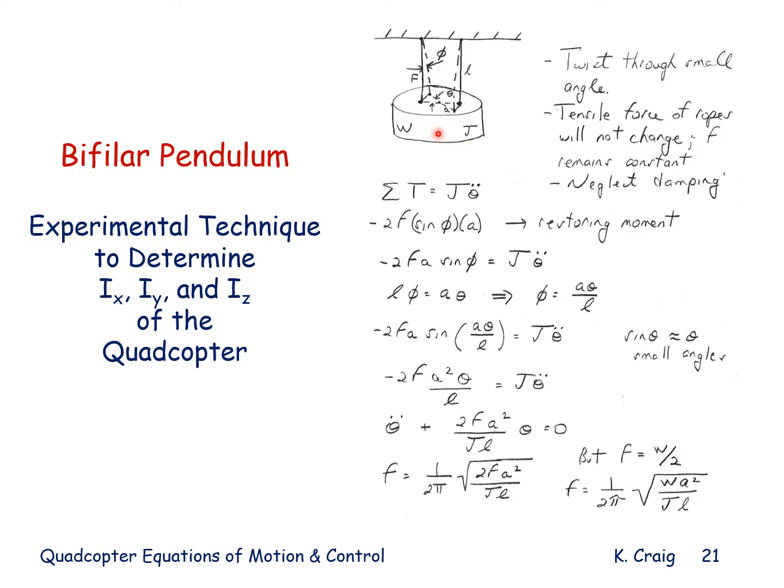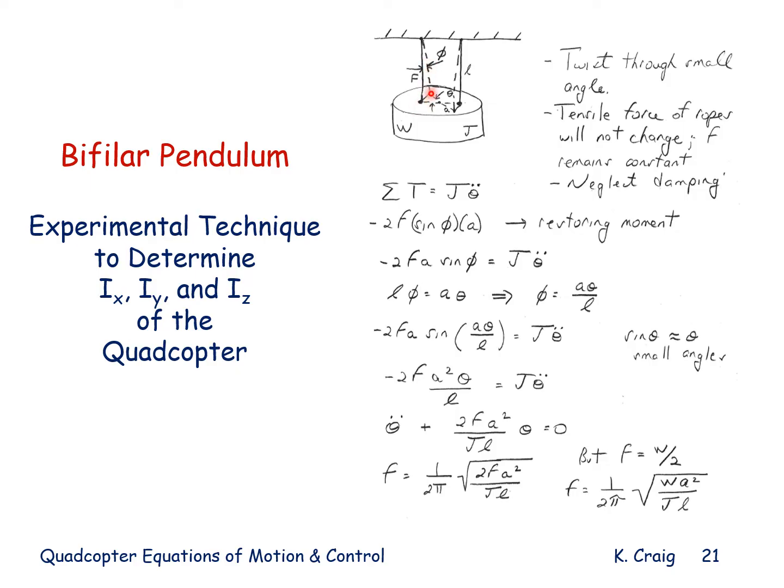And so this system is an example of a rigid body in fixed axis rotation about an axis through the CG in the vertical direction. There is a restoring moment due to the force in the strings. From the geometry, I see that the component of the force, again, in the plane of the object, is F sine phi.